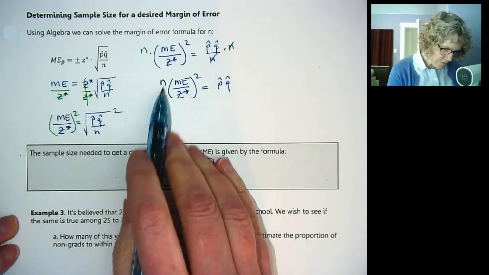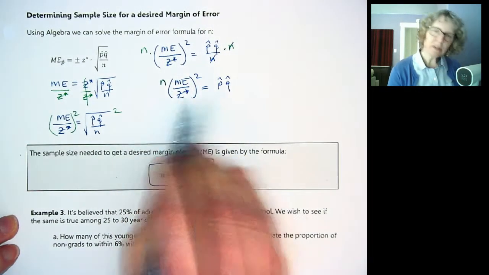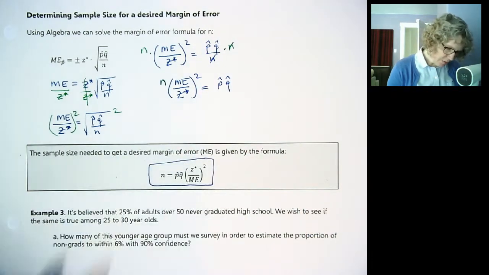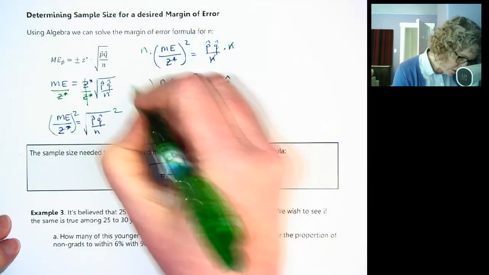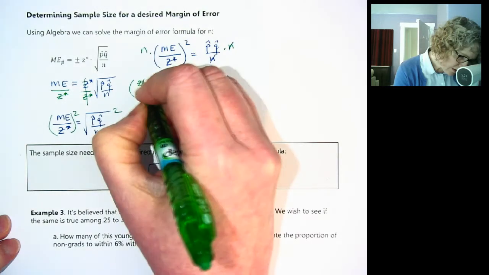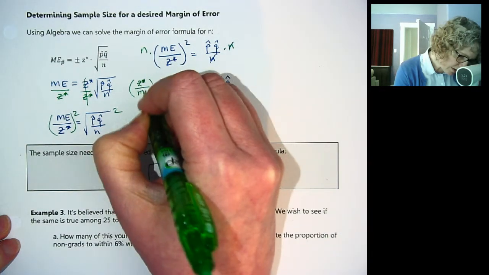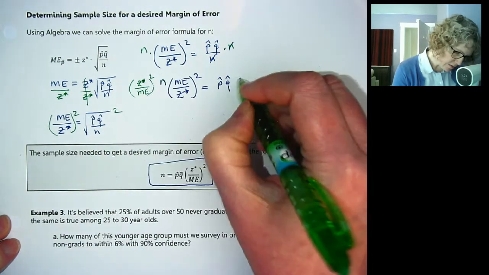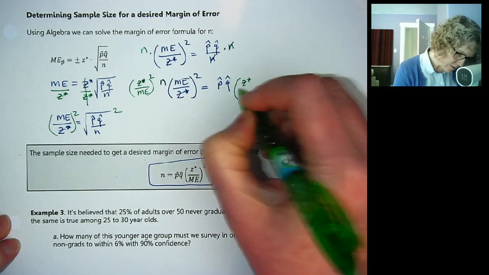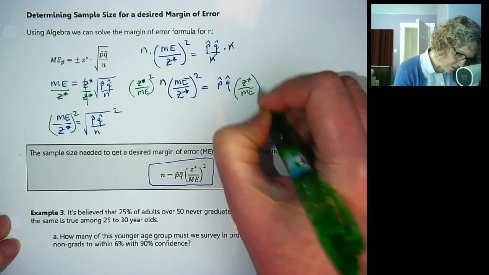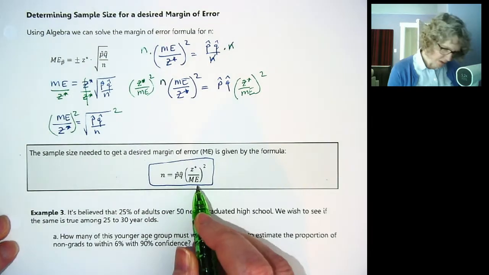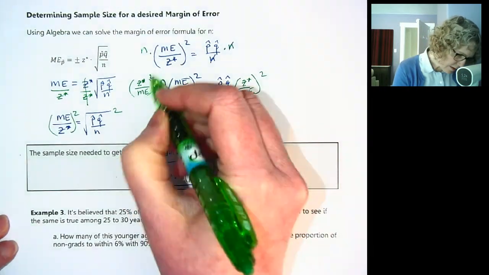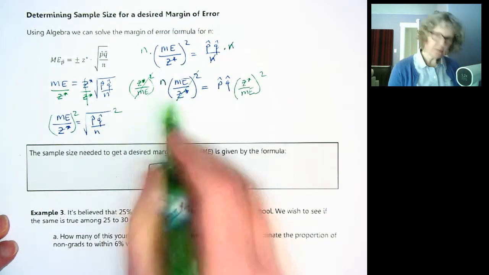We're close. We've got n over here, and we just want to move this to the other side. So we need to multiply by the reciprocal, z star over ME, squared. That's how it gets flipped down here, and then these cancel with those because it's the reciprocal.